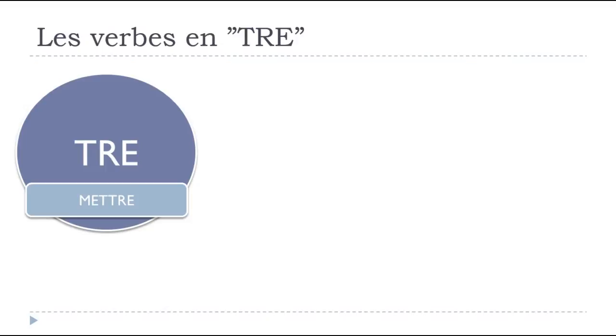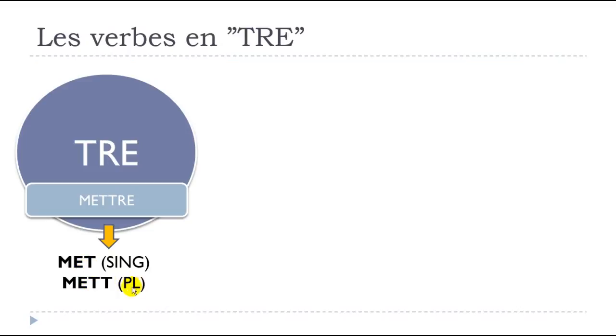And for this group, I thought it might be interesting to use a quite useful verb, mettre. Mettre is to put. The concept is that you will have for the singular form one stem or one root, and it will be M-E-T.